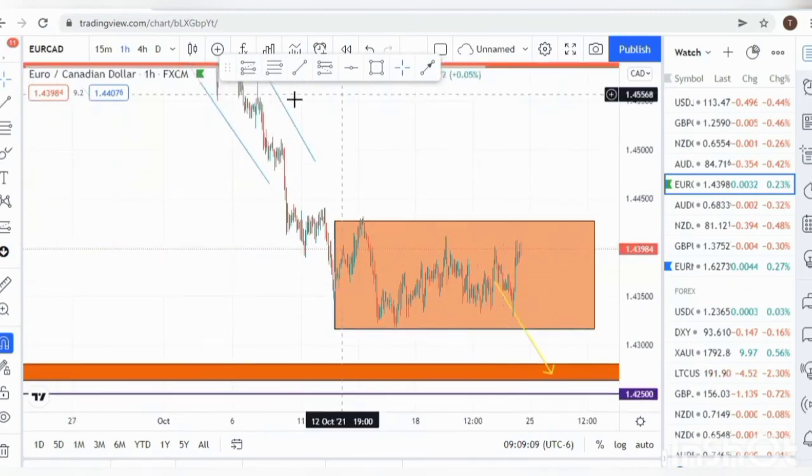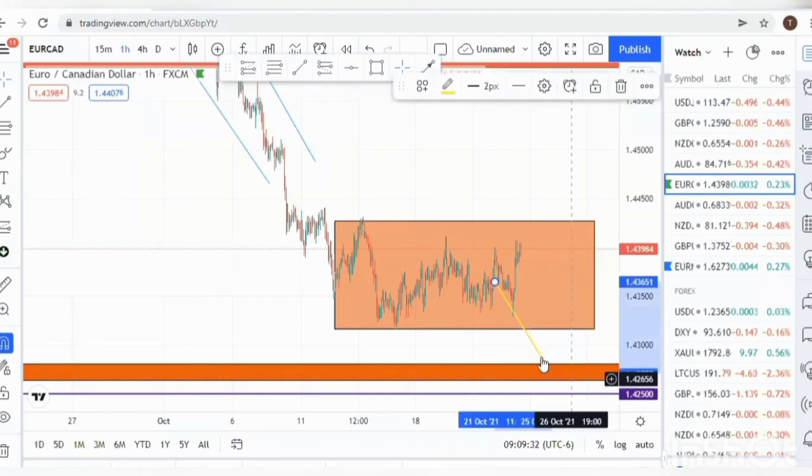You can now discover that the market is basically moving within this box. However, I'm still expecting the market to give me that strong push. Remember what I did tell you, we have to break the box in its opposite direction.